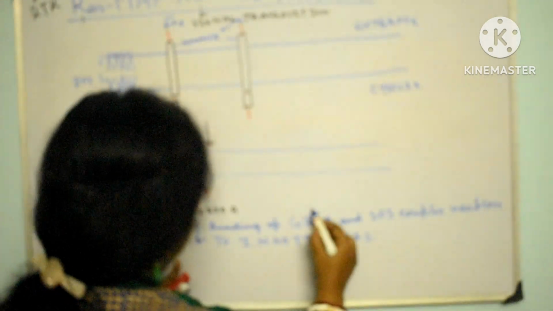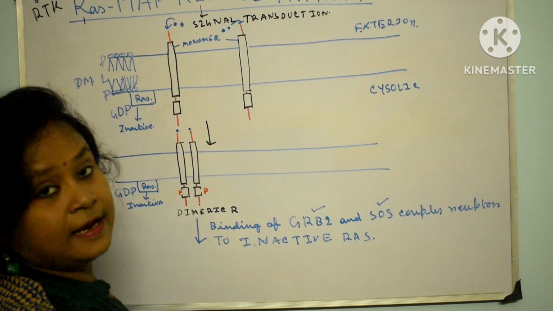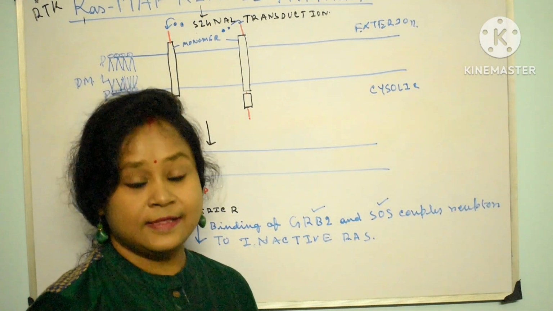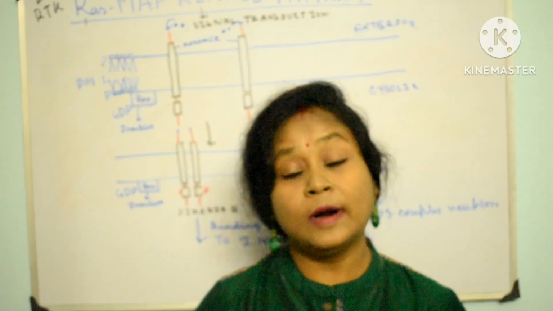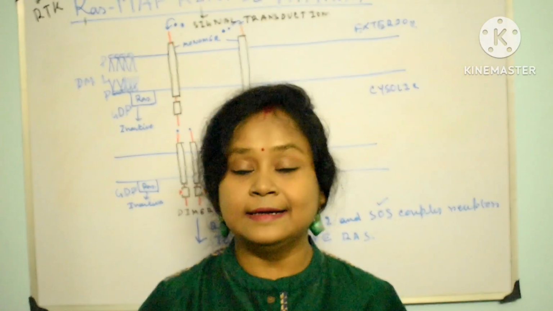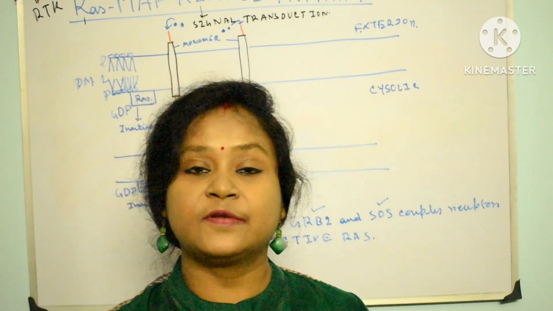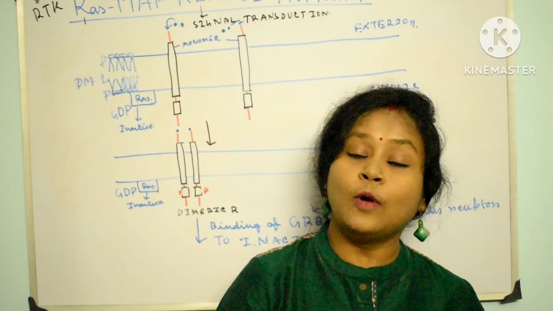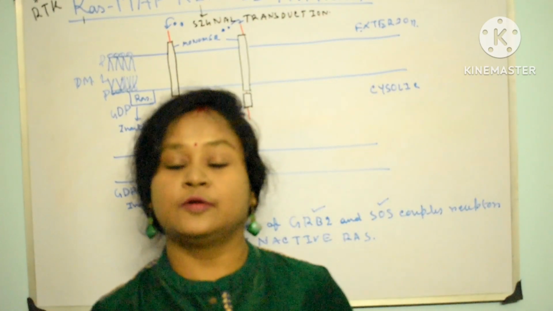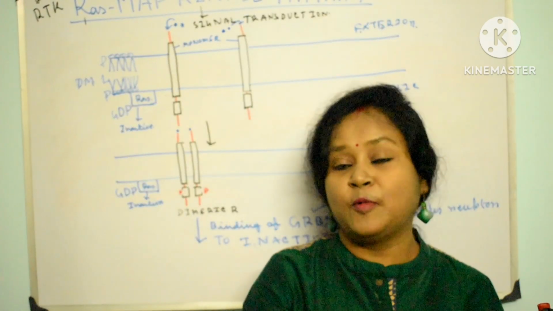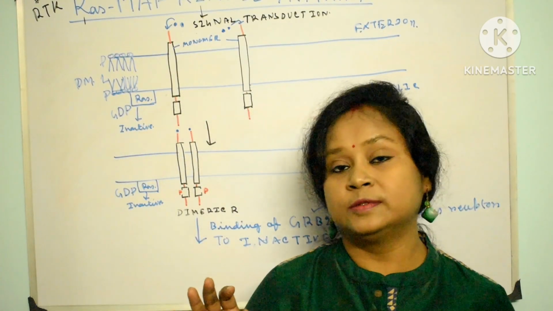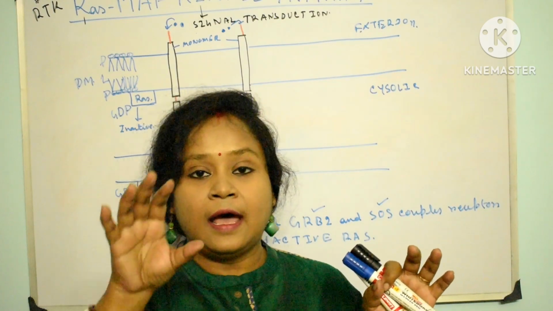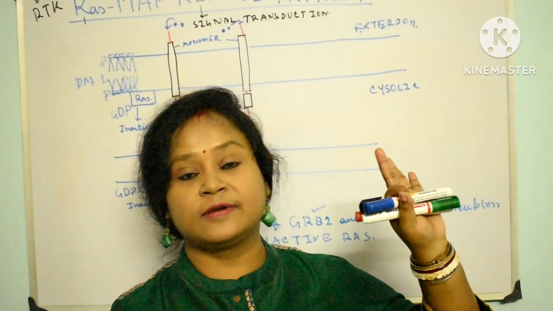Binding of GRB2 and SOS. Now the question arises, what are GRB2 and SOS, which couple the receptor? GRB2 is an adapter protein required at this stage. What is the normal function of an adapter? In the case of our mobile charging, the adapter is a link between our device and the electric source.